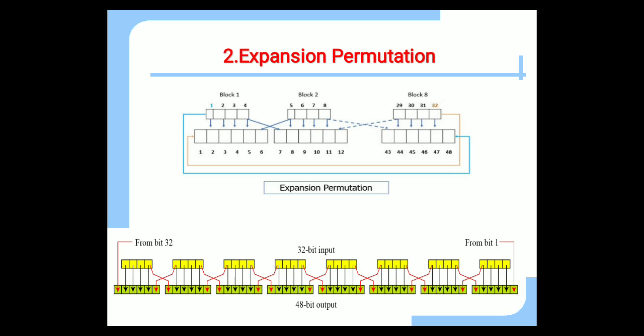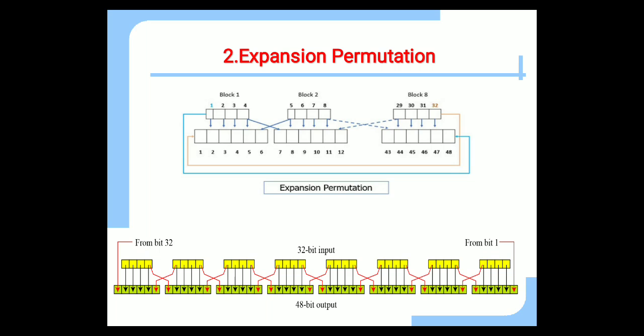Then we take the first block of the previous, the next block, and the last block of the previous block, and again we take the last block of the previous block to the first bit of the second block.